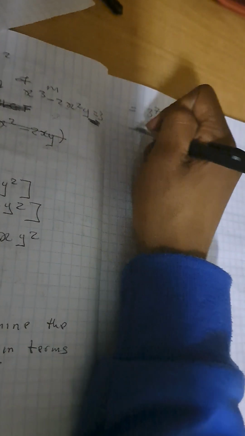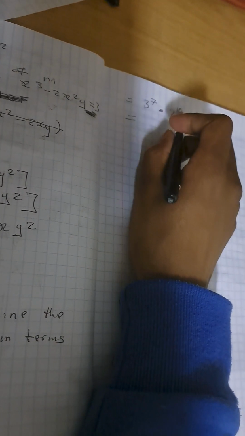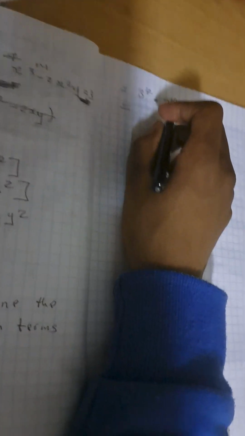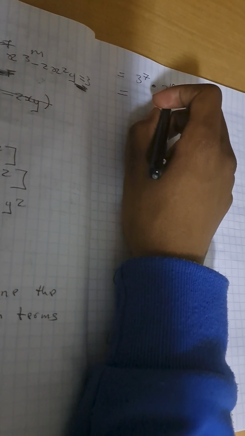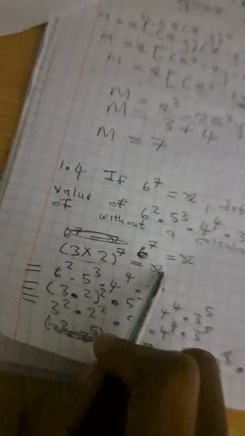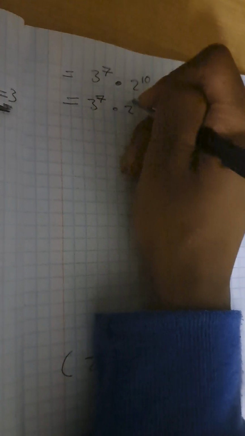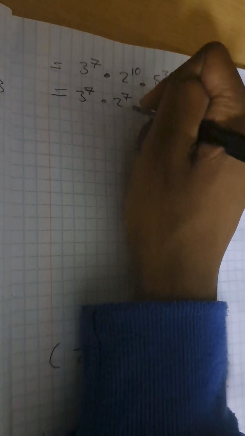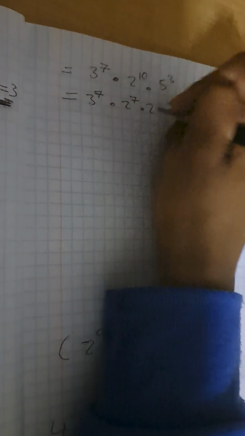So here's what we're going to do. We want this to be 2 to the power 7 so that we can get something like this. We want this, which is equal to x, so that the answer could be in terms of x, right? So we're going to say 3 to the power 7 times 2 to the power 7 times 2 to the power 3.